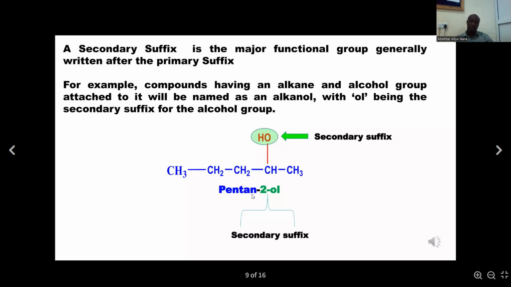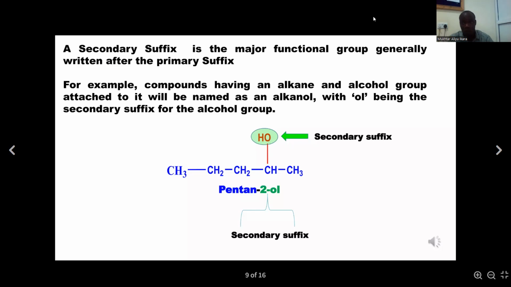But for this one, the primary suffix is ane because if you check throughout the chain, they are all single bond. So that is why we have ane. But assuming that there is, let's say, double bond or triple bond, it will be ene, and the position of the double bond and the triple bond must be indicated.